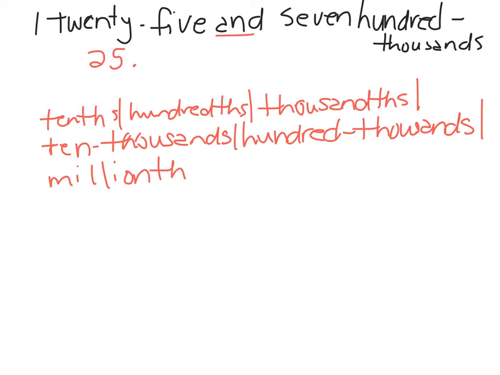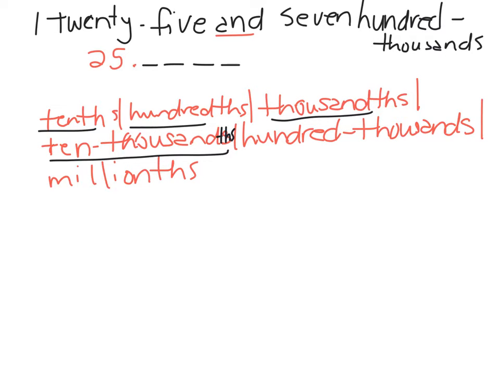So let's see how many places I have. Tenths would be one, hundredths would be another, thousandths would be another, ten thousandths, I didn't spell that correctly, that should have had a TH in there, would be there. Hundred thousandths would be there. Again, I didn't spell that correctly. I'm not doing so good here. And the last one is millionths. Now, I went too far here, because we don't have millions, so we don't need that one.